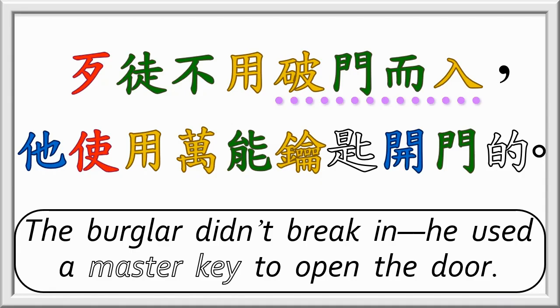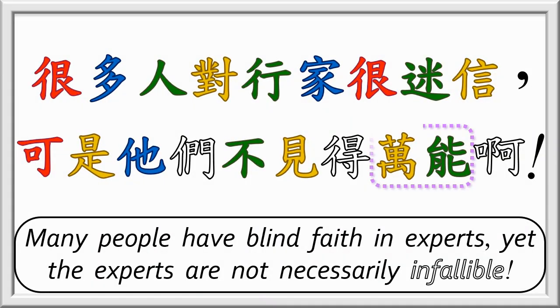He used a master key to open the door. Notice the idiom meaning to break into a house, 破门而入。很多人对行家很迷信，可是他们不见得万能哦。Many people have blind faith in experts, yet the experts are not necessarily infallible.